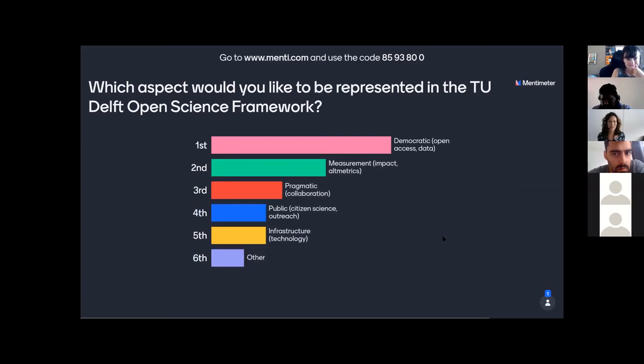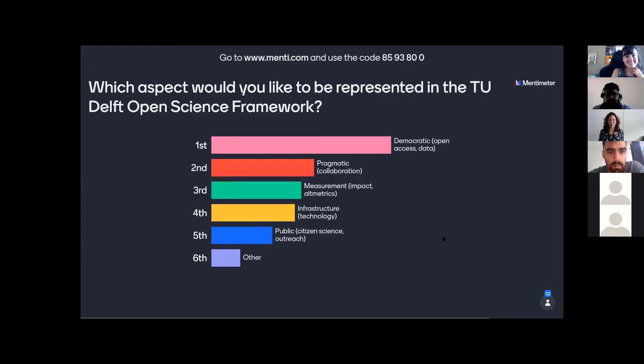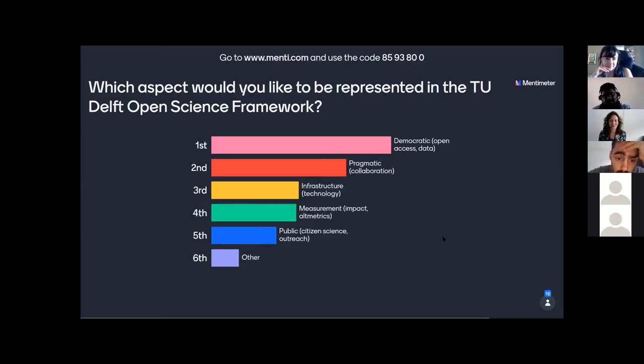Oh, it's really interesting to see how the different ratings are going. Yeah, that's a really cool feature of Mentimeter. I like that. So far, the democratic part, open access and open data, is in first place.